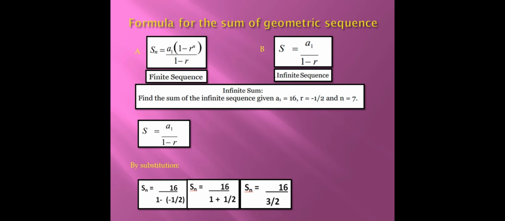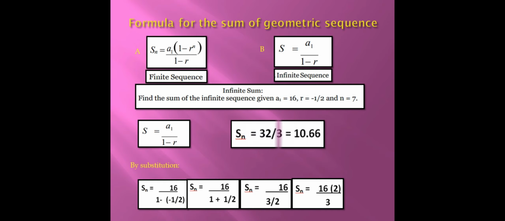Okay. So 3 halves. In the rule of dividing fractions, find the reciprocal of the denominator and proceed to multiplication. So 16 times 2 over 3. So it becomes now 32 over 3, or equals 10.66.